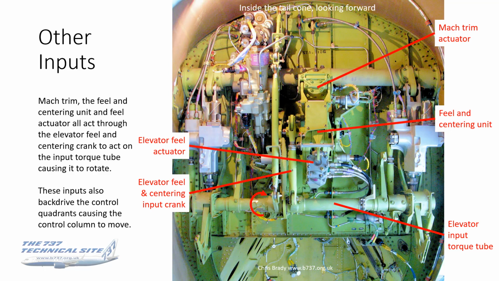These inputs, you should bear in mind, also backdrive the control quadrants, so they will not only cause the elevators to move, but they will cause the control column to move as well. And this is useful for us as pilots, because that gives us some feedback that the elevators are moving.